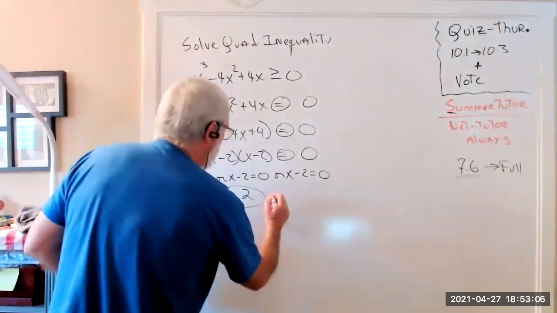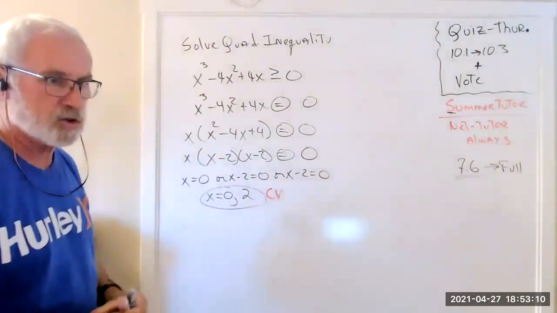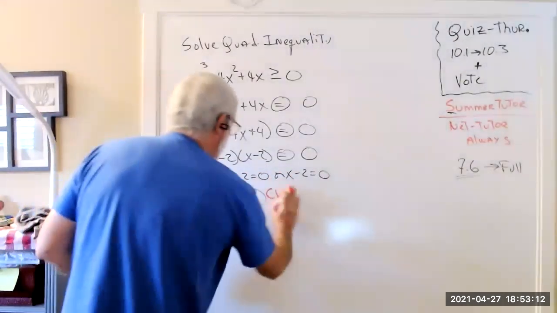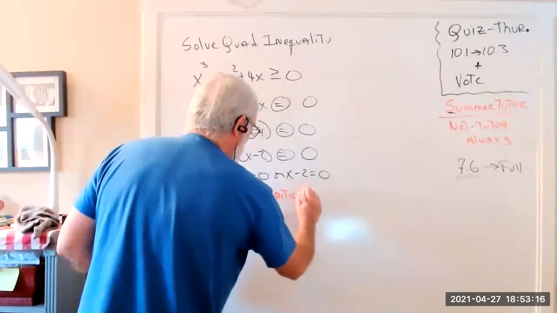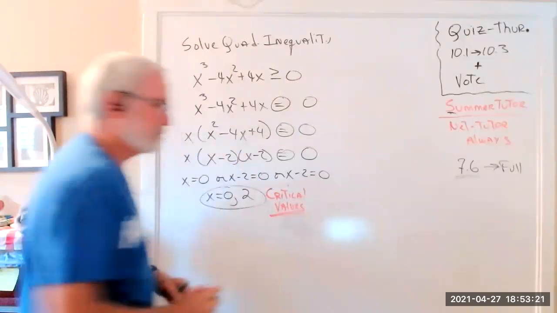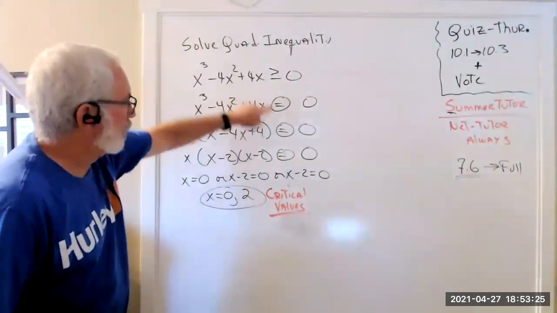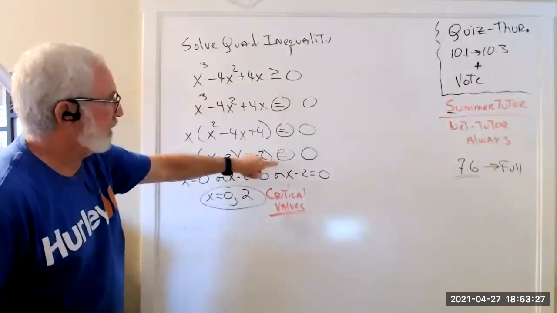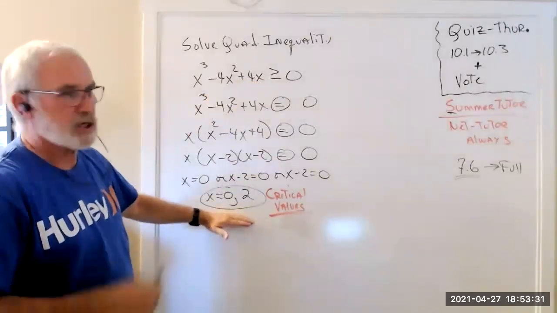Recall that these are called critical values. These are not the solutions. These are critical values. If this were an equal sign, if the original problem had an equal in it, these would be the solutions and we'd quit.